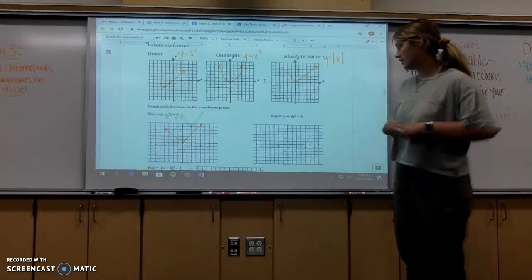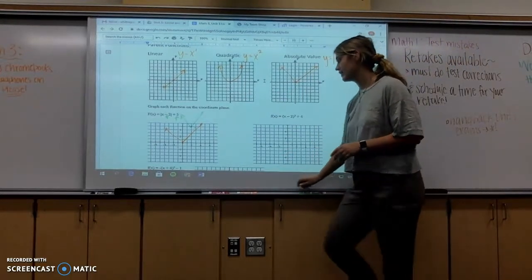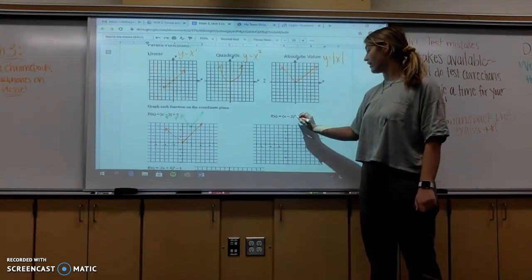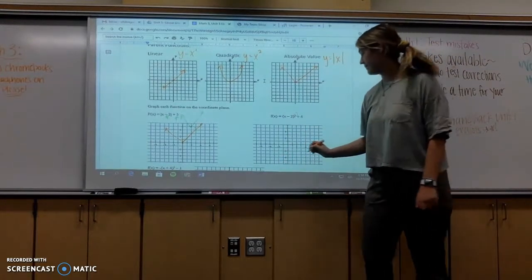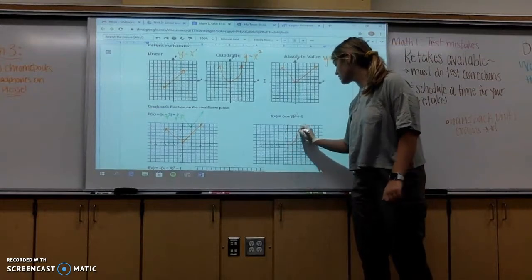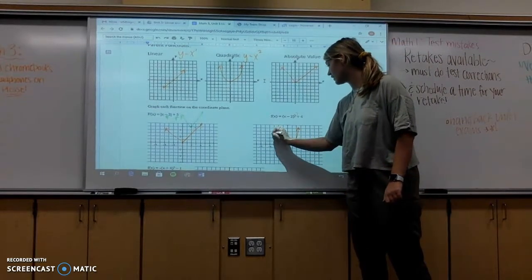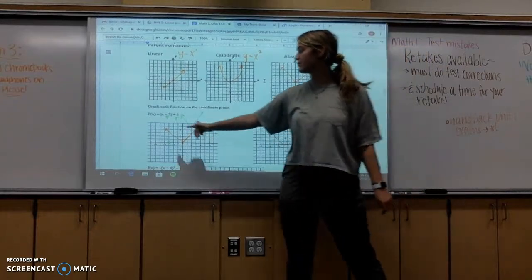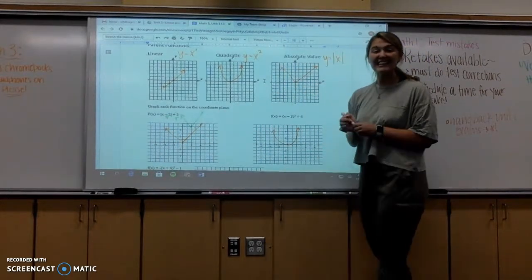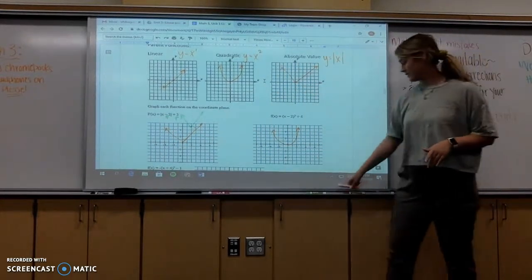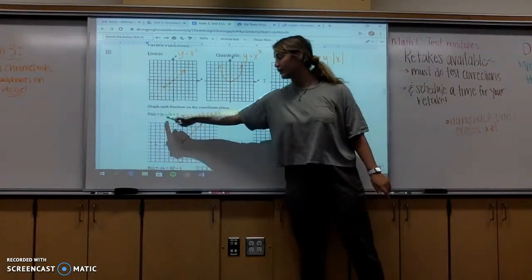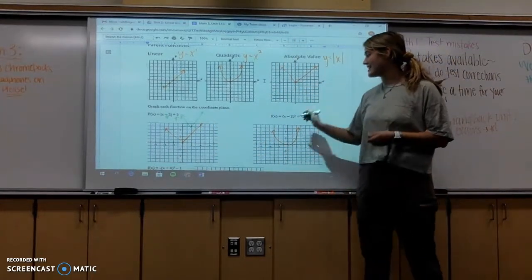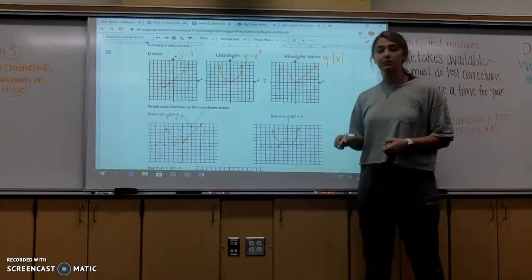Number 2 is a parent graph of a square, so that means it's going to be a parabola. So I'm going to start here. This is what my parent graph normally looks like. Just like in the absolute value, anything on the inside of parentheses or absolute value being added or subtracted is moving left or right. Same thing here. Because this is a negative 3, we're going to move it to the positive.